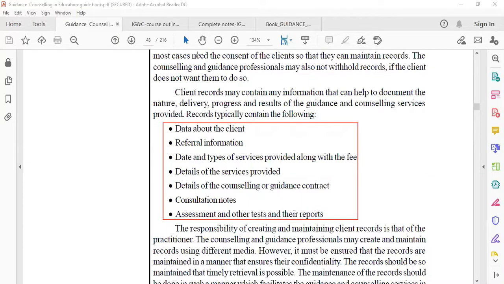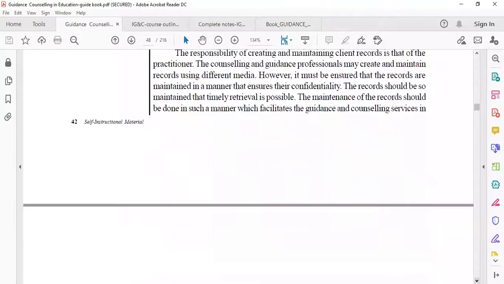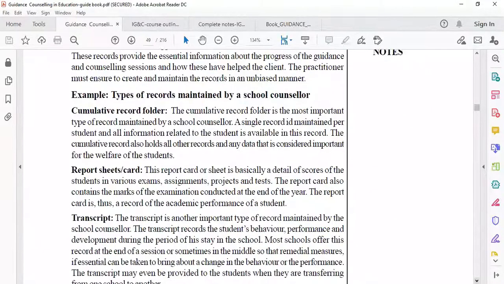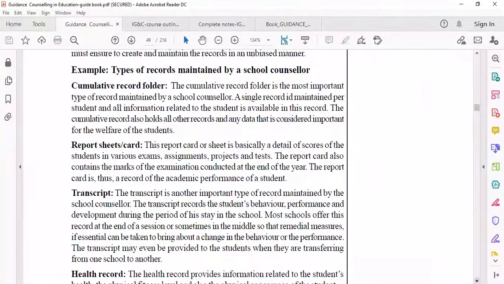But if a teacher is providing guidance and counseling to the students, it is not practical, or not even possible, for a teacher to keep a record of each and every student, because teachers are not professional counselors and professional guides. They are just performing as a counselor and as a guide, and they are taking the responsibility of providing guidance and counseling.